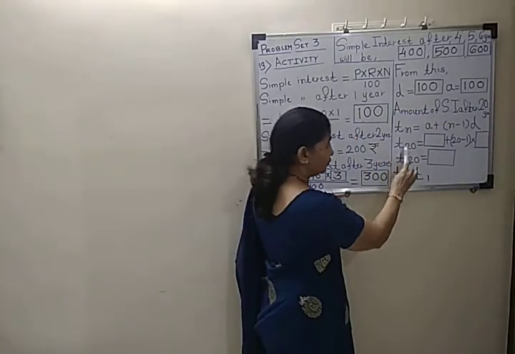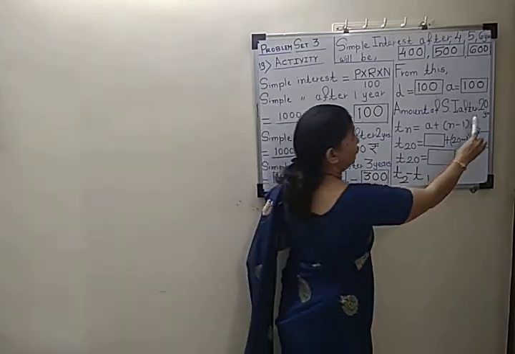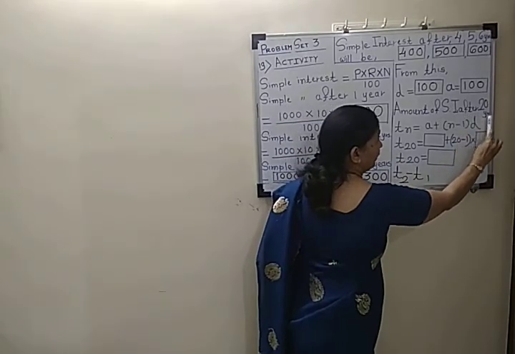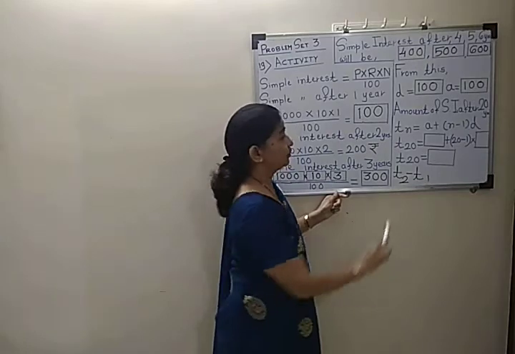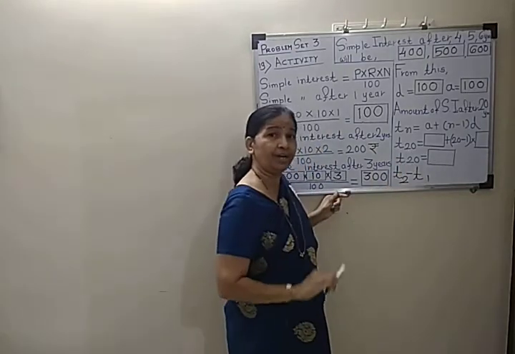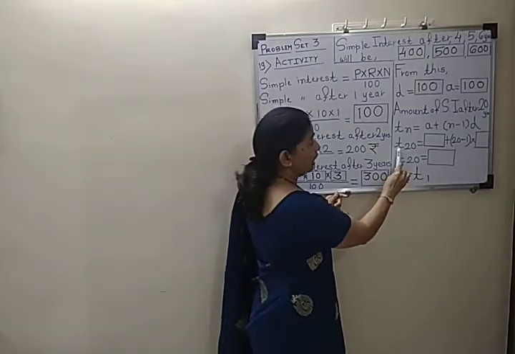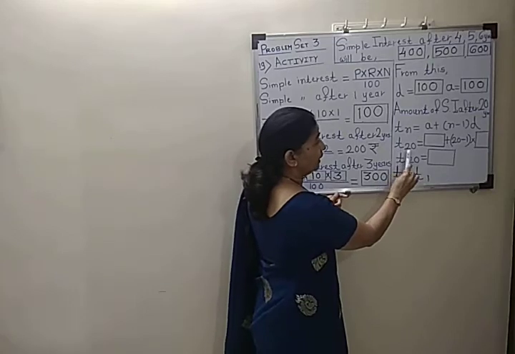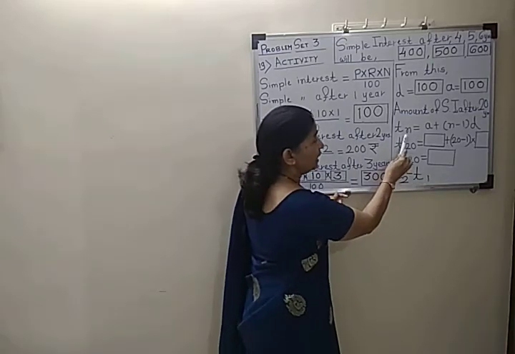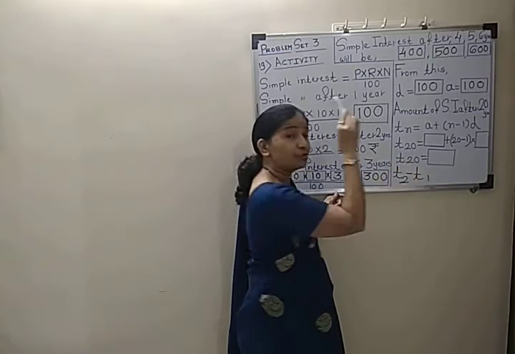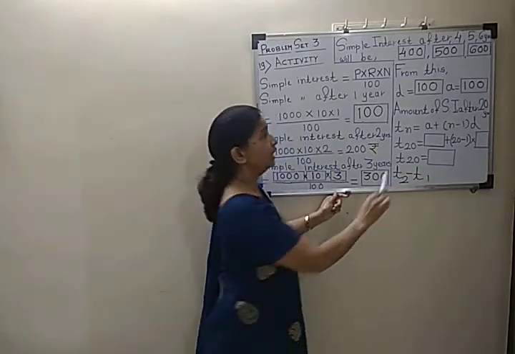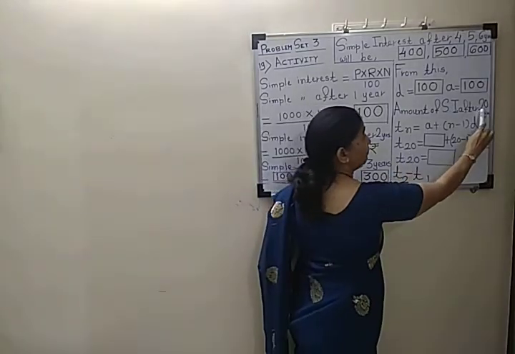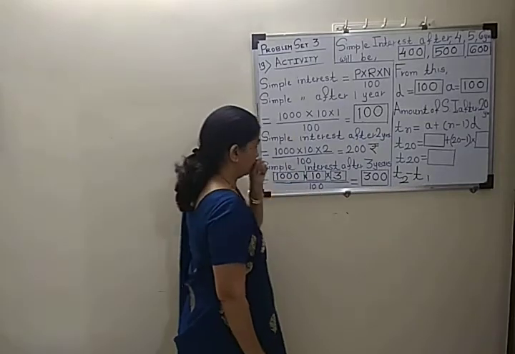So I am substituting now. They want after 20 years, no? Means they want the 20th term. So I wrote here T20. In place of N I substituted 20 because they want after 20 years.